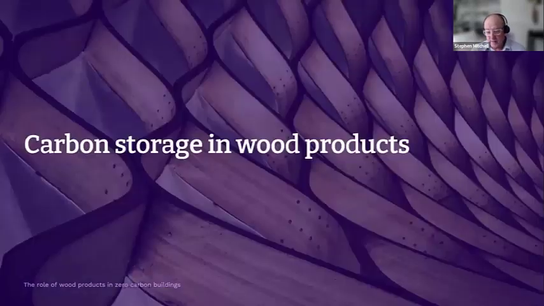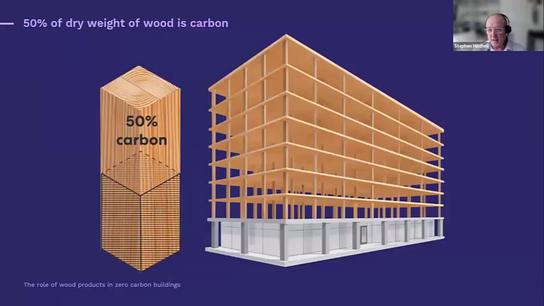So just a bit about carbon storage in wood. This represents graphically a bit more of what Fabiano was talking about. 50% of the dry weight of wood is carbon. That's just a physical fact. It's important to note that that's the dry weight. So after you allow for the moisture of the wood, 50% of the dry weight of wood is actually carbon.